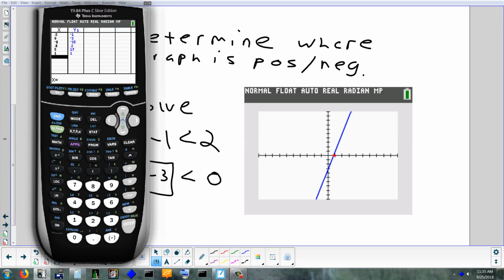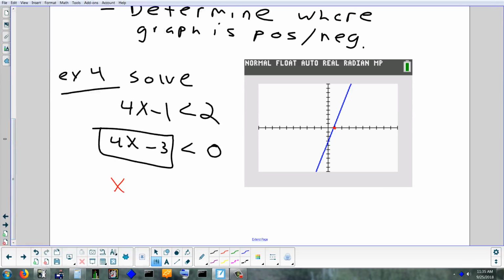That's not what we wanted for this one. Less than 0. So it's all answers less than 0.75. Which, if you add 3 to both sides and then divide by 4, you get x is less than 3/4. Exactly the same way.